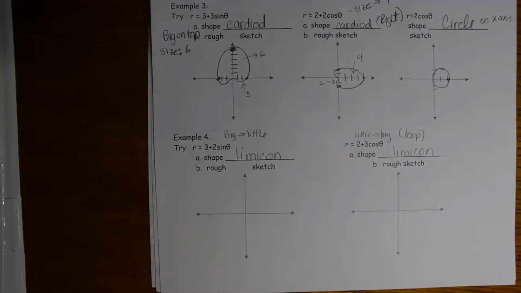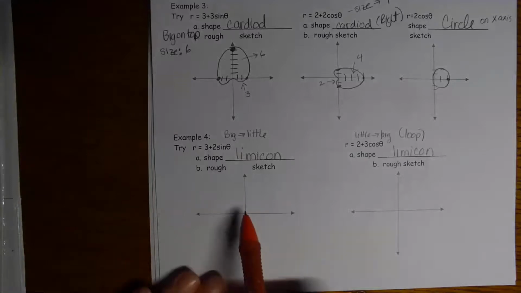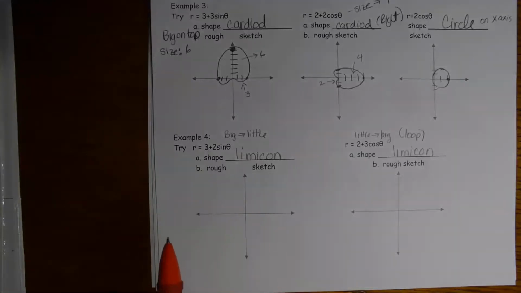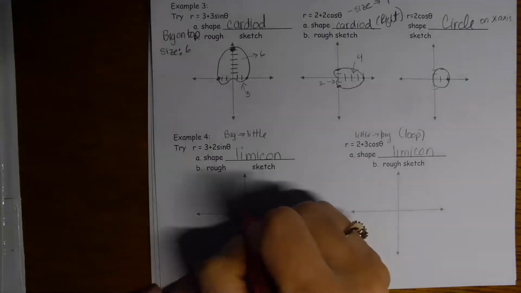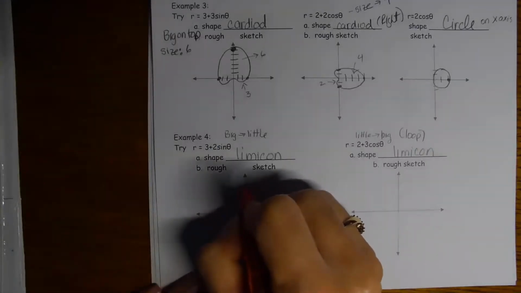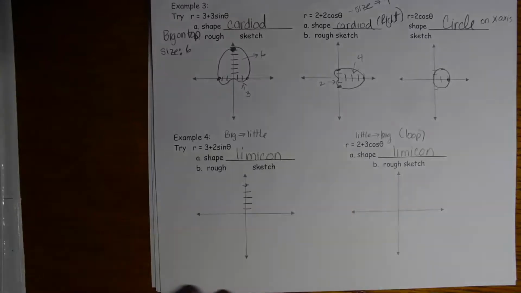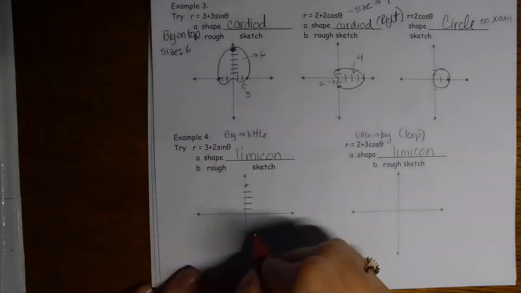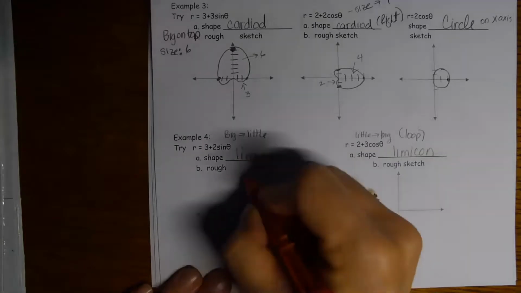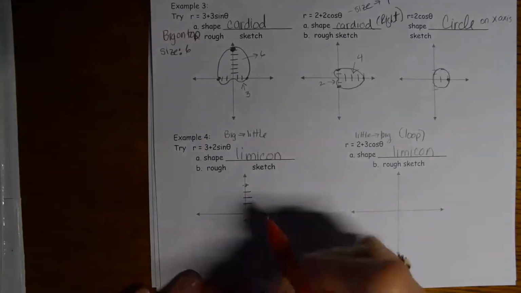All right. This one's sine. So is it on the x-axis or the y-axis? It's on the y. Is it going up or is it going down? The big part is on the up. So how far up do I need to count? I need to count 5. I know it goes up that big. And then 1, right? Only the 1's coming out instead of going in to form a loop.